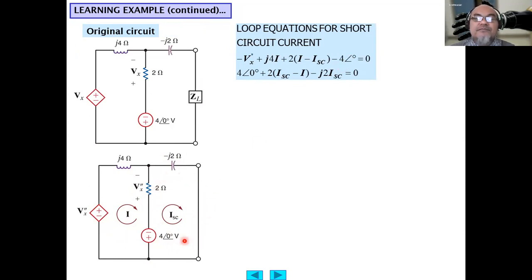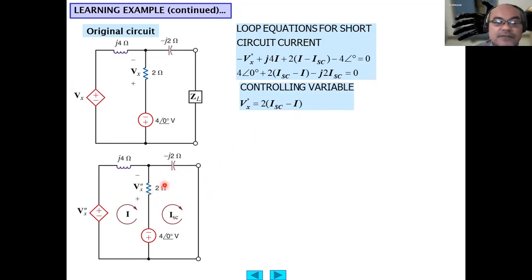Then at this loop, 4 plus (ISC minus I) times 2 ohm minus j2 ohm times ISC equals 0. The control variable Vx'' equals 2 times (ISC minus I).